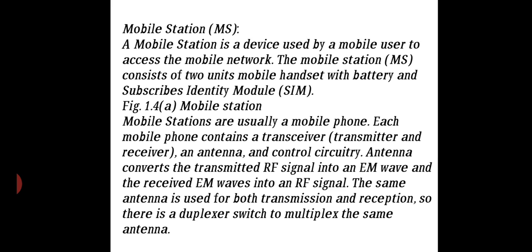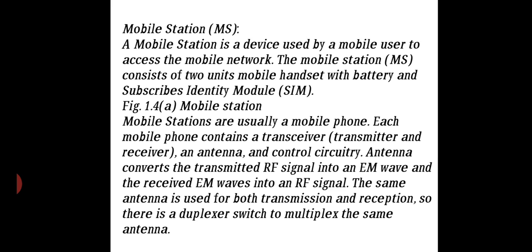The antenna converts the transmitted RF signals into EM waves, and on the receiving side converts EM waves into RF signals.